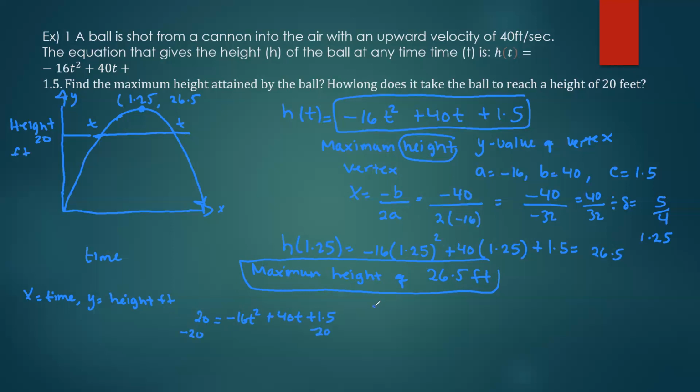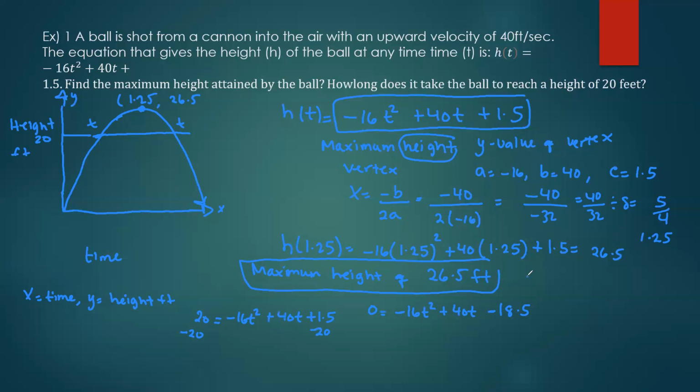So I get 0 equals negative 18.5. Okay, and then we've got to solve this by using the quadratic formula.